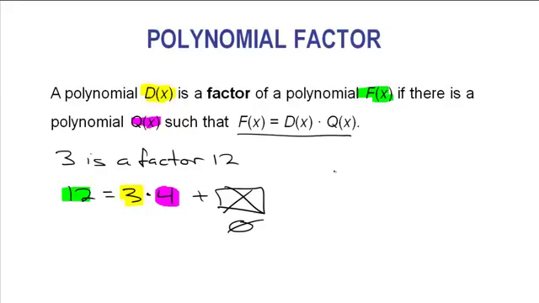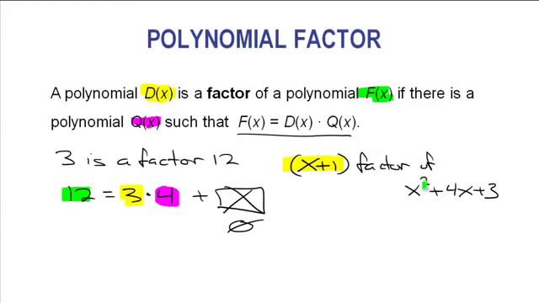Something as simple as, we know x plus 1 is a factor of, let's say, x squared plus 4x plus 3. So here's my d, here's my f, and we know that works only if there's this q, this quotient polynomial.